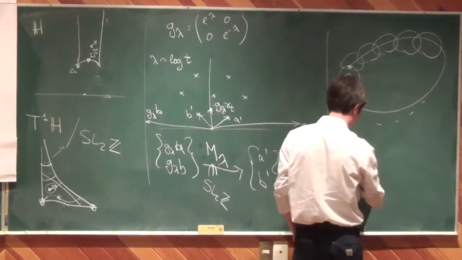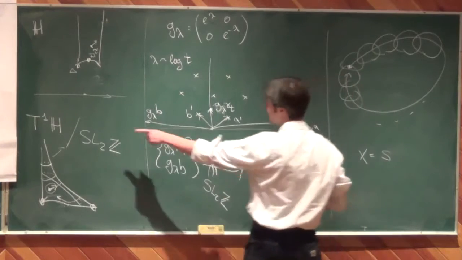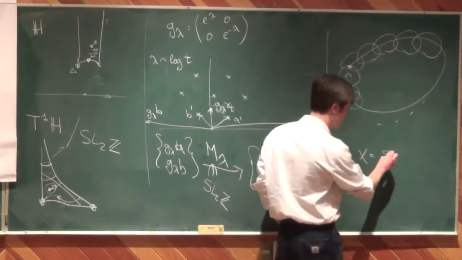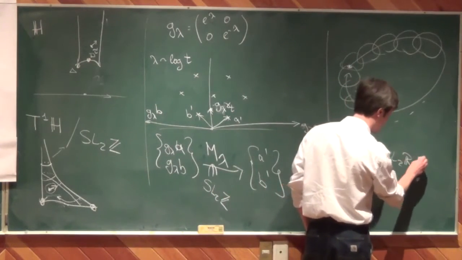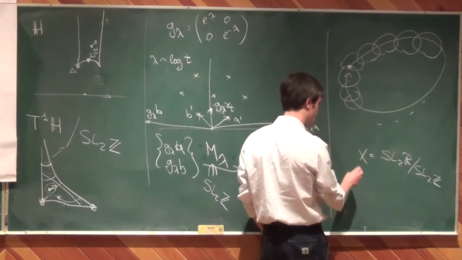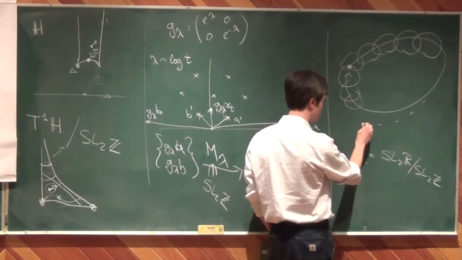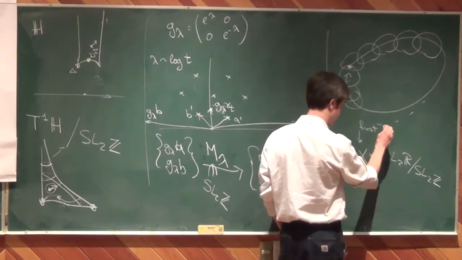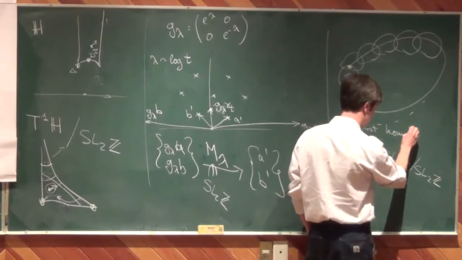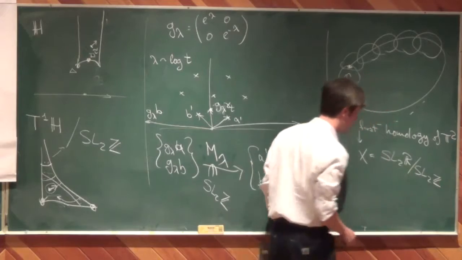So the structure that you have is that you have this X, which is, so the tangent space, as you saw in the previous talk, is just SL2R on SL2Z. And over this object, we have this bundle, the first homology of the torus.